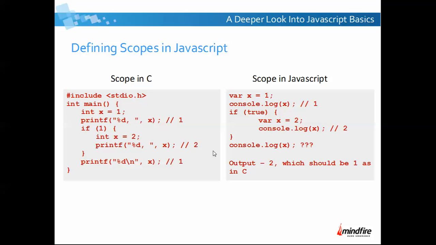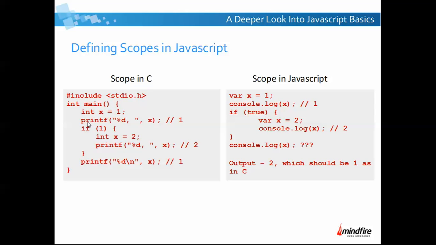What happens in C is that every block has a local scope. So whatever we have declared here, since x equals 1, it will print 1. But this if block has a local scope, so it will define another variable x, which has a local scope, and it will print 2.